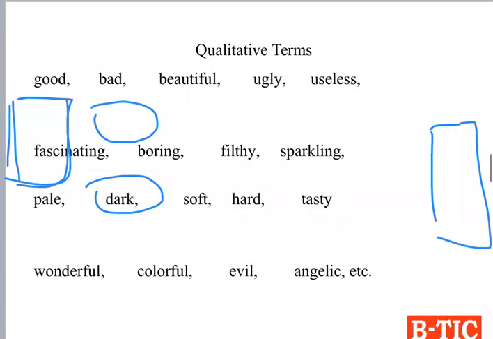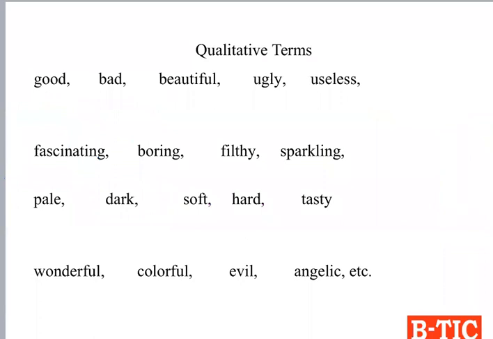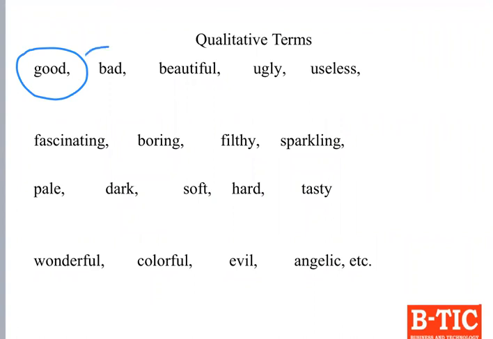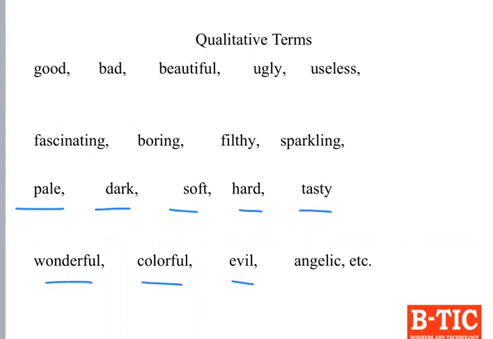Right, now some examples so that we could understand the nature of them in terms of quality. When I say good, when I say bad, beautiful, ugly, useless, fascinating, boring, filthy, sparkling, pale, dark, soft, hard, tasty, wonderful, colorful, evil, angelic.